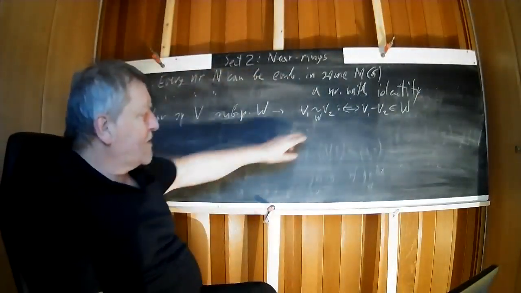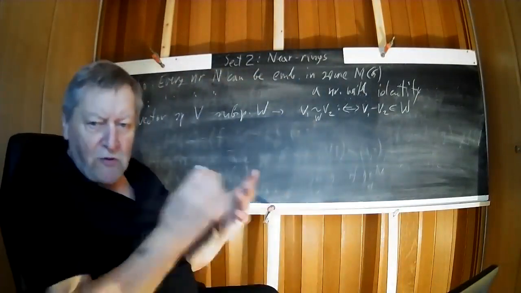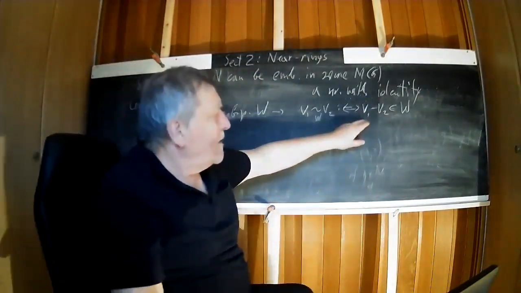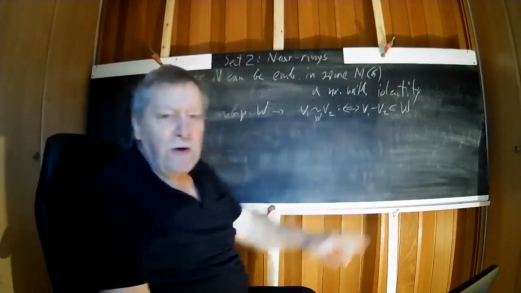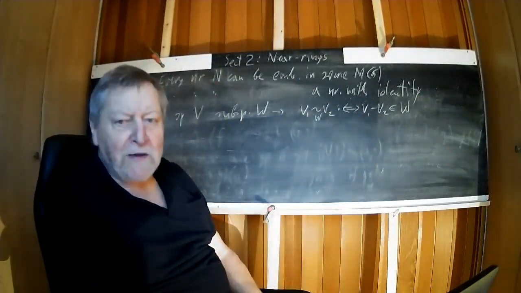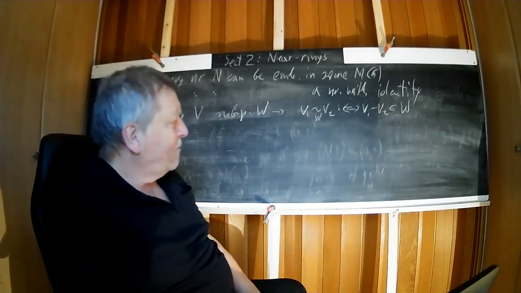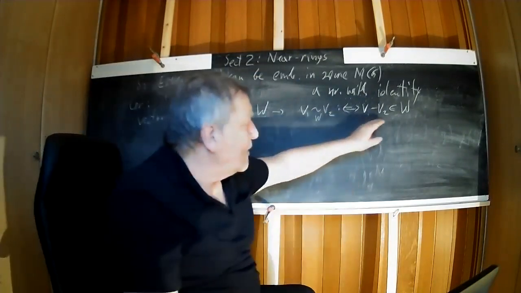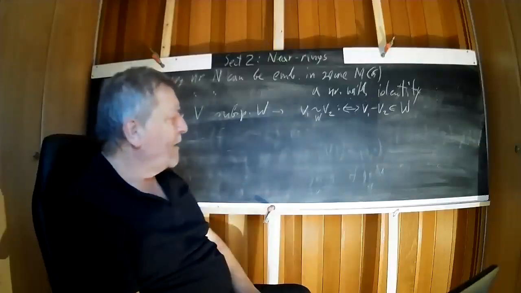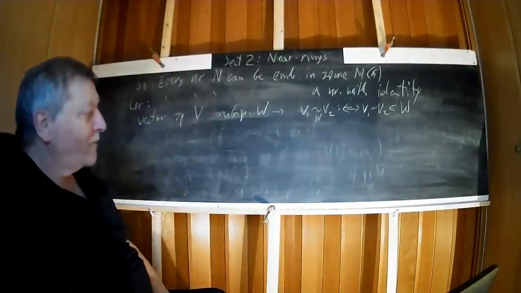So if you consider W as a small subspace, it means that v1 and v2 differ only by a small element, so to speak. And this means that v1 and v2 are equivalent with respect to W.